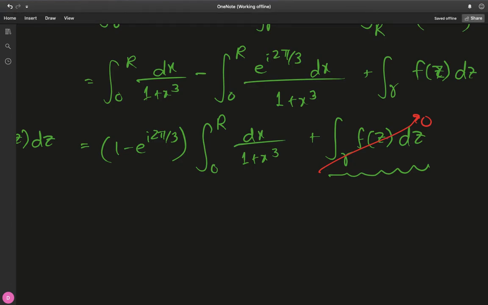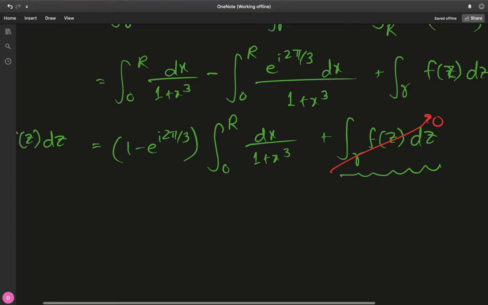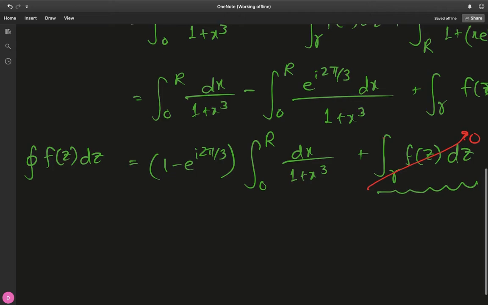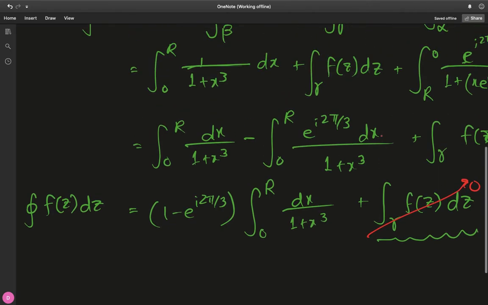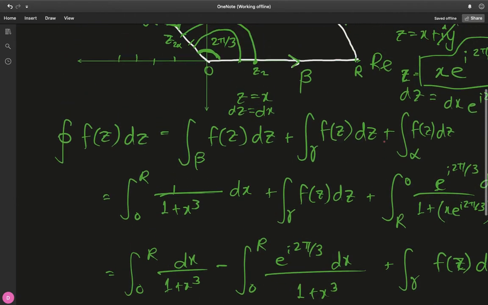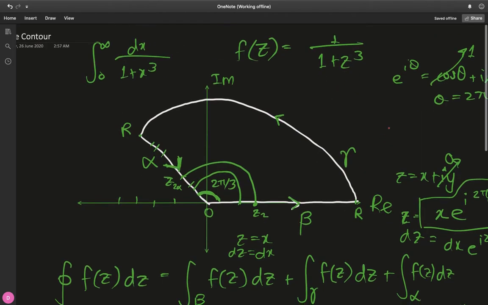So good riddance, right? One integral less to worry about. But before going on to the residue theorem, I would like to explain why 2 pi over 3 was chosen. Notice the denominator has x cubed. So you choose a contour where the final path, from where you return to 0, subtends an angle of 2 pi over whatever power x was raised to.